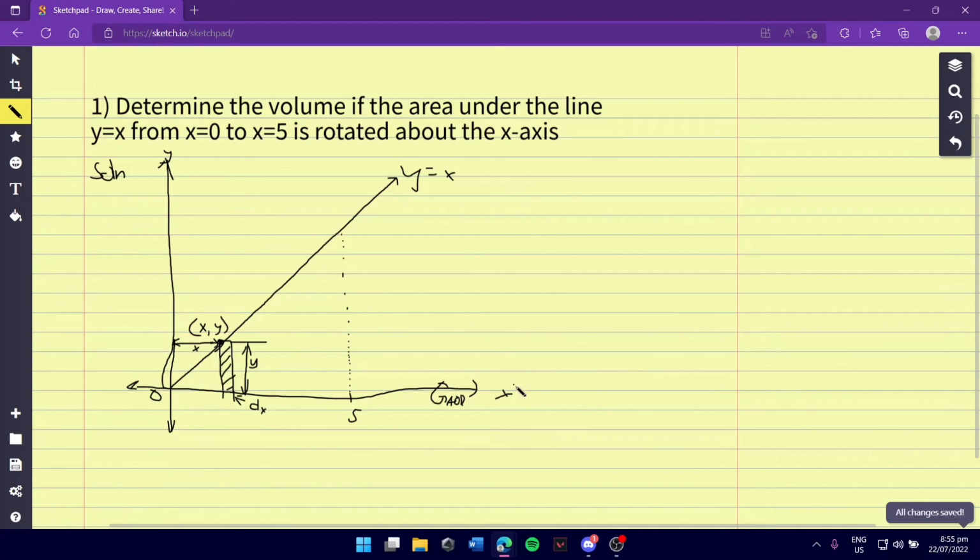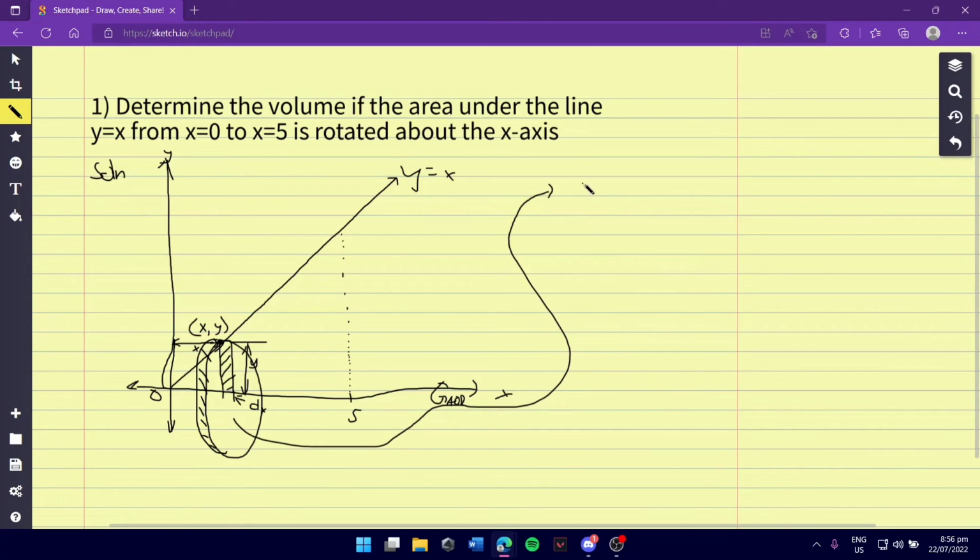Since it is rotated about the x-axis, this will rotate downwards. Like that. Now this is your disk. So solving, we will take out your disk, put it in here.